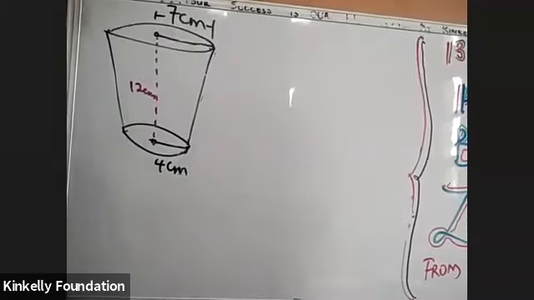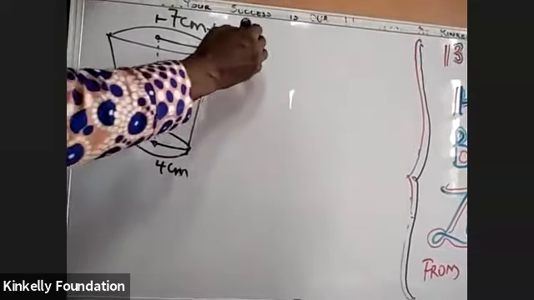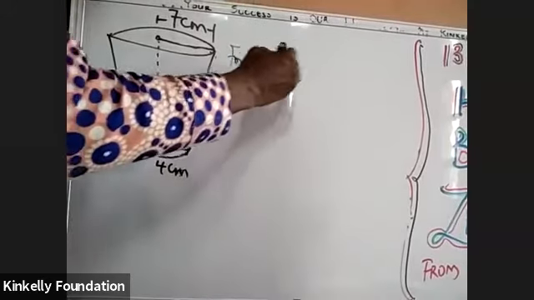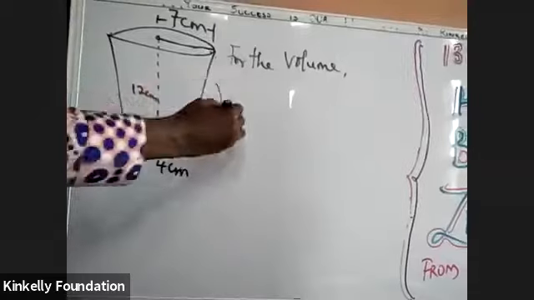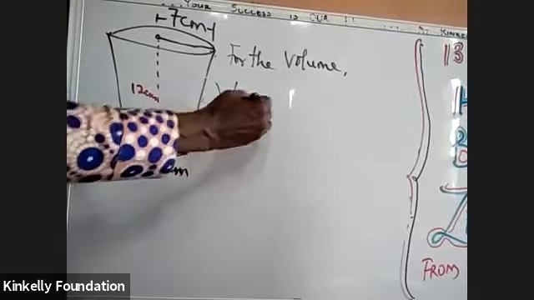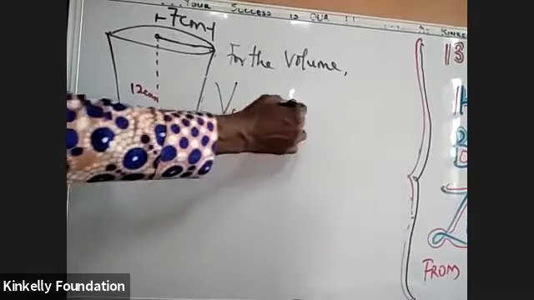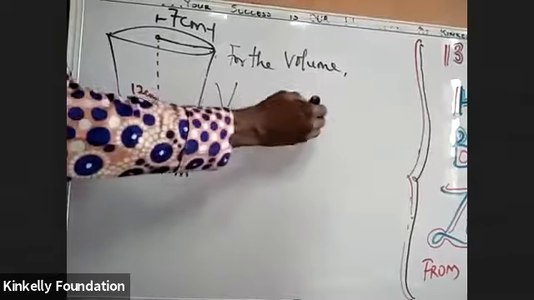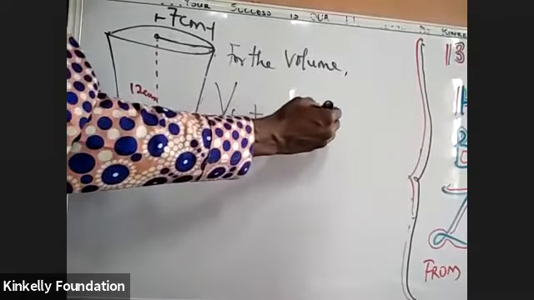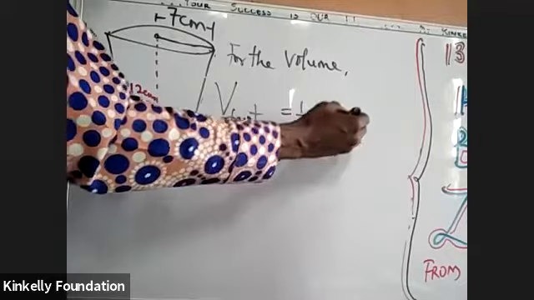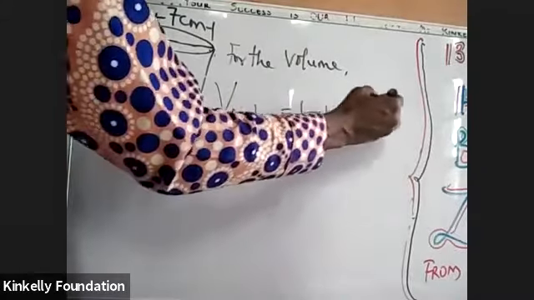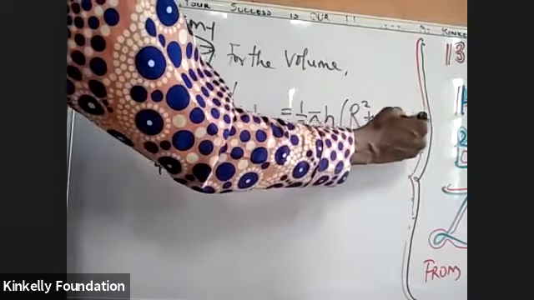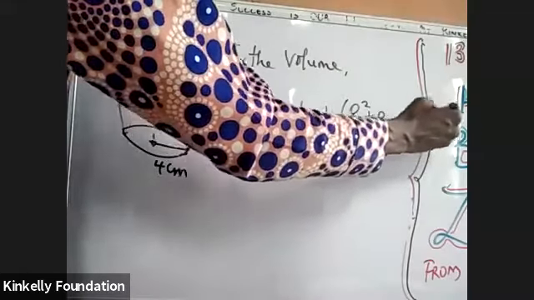For the volume of this frustum, we have that the volume of the frustum is equal to 1/3 pi h (R squared plus R r plus r squared).